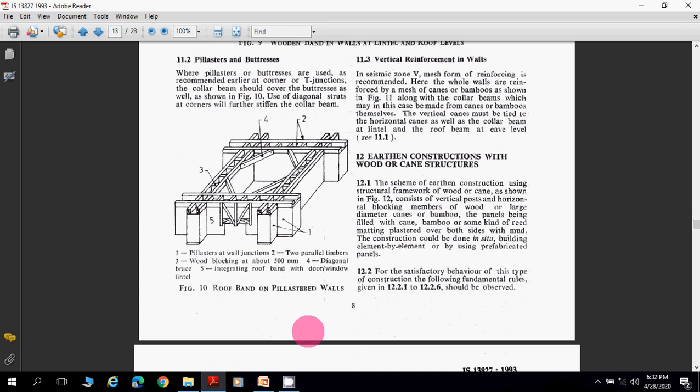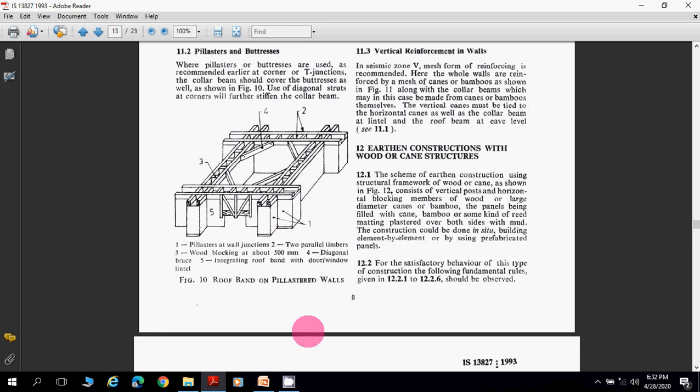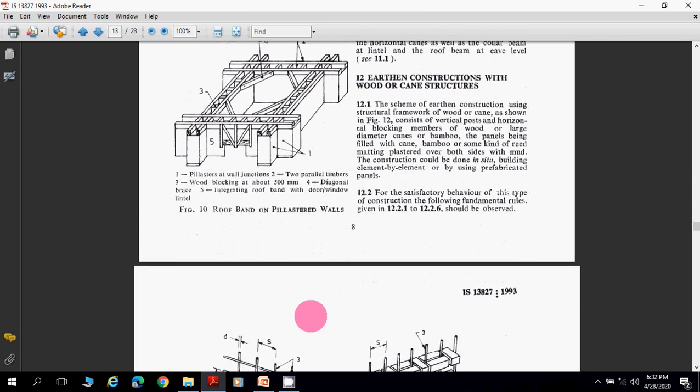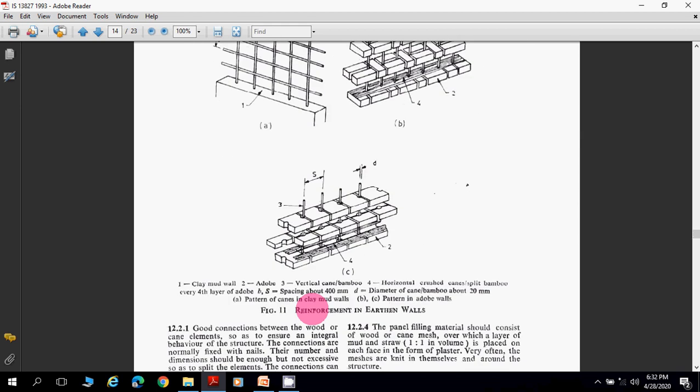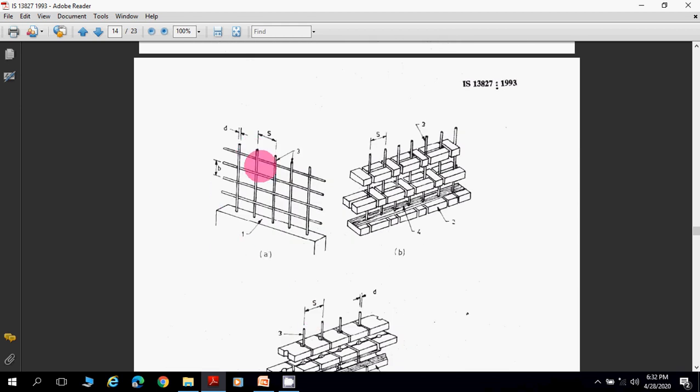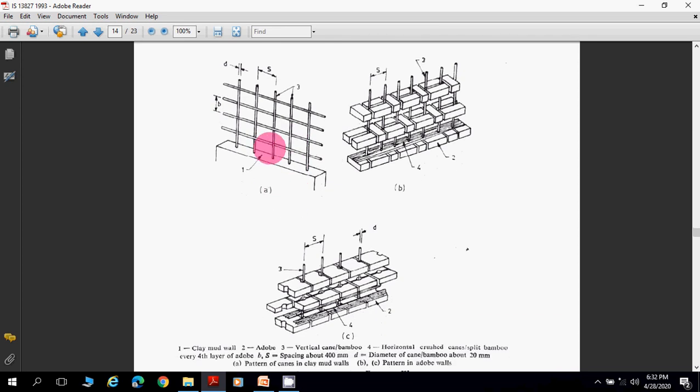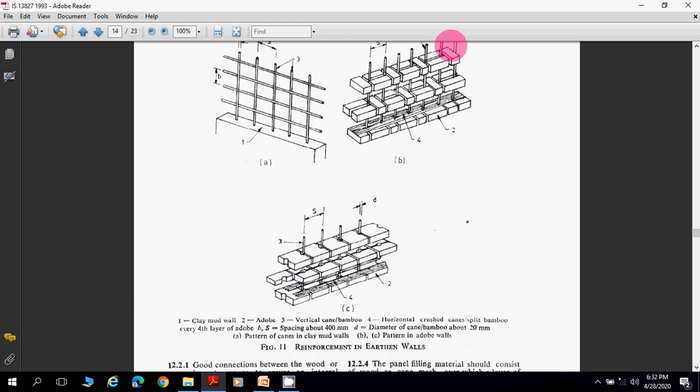Vertical reinforcement is provided in the walls in the form of canes or bamboo. This is how the wooden or cane structure is to be built. The vertical canes or bamboos are provided first, after which the horizontal bamboos or canes are provided, so that it creates a mesh of reinforcement, placed before the mud or mortar is applied as a plaster.